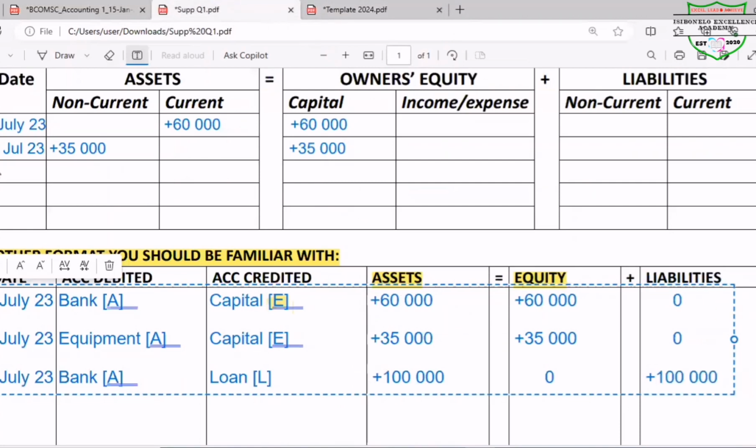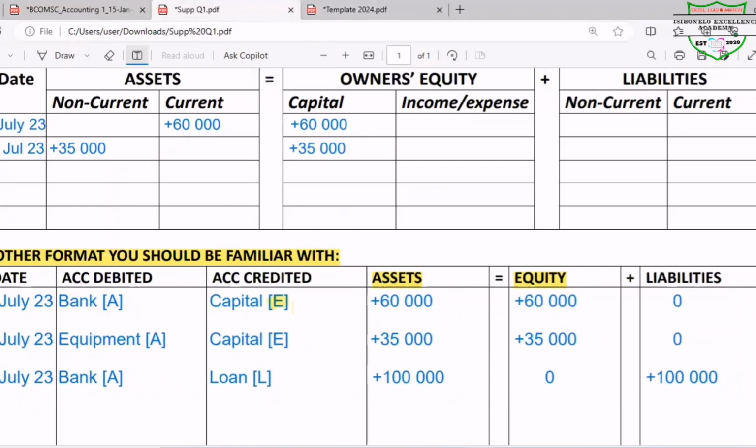And then let us show the effect on the other formats. 3 July 2023. So we have the assets section. Under the asset section, I record 100,000 under current assets, because bank is a current asset.